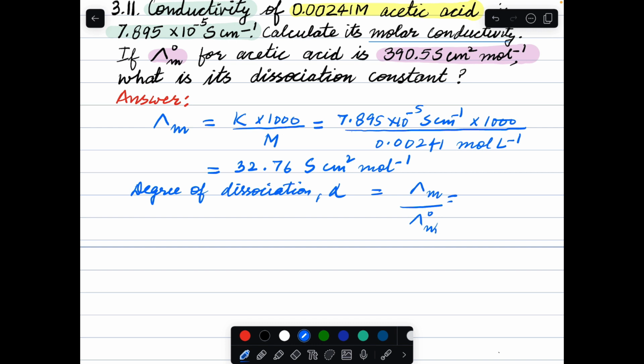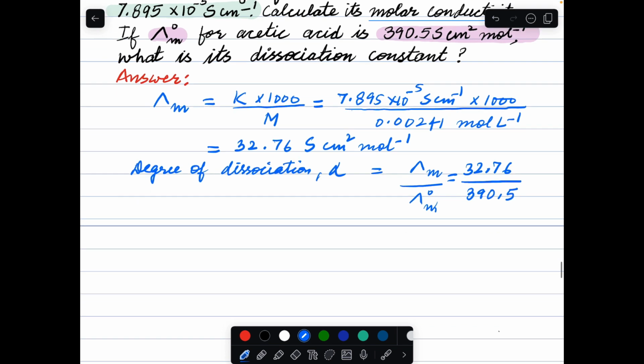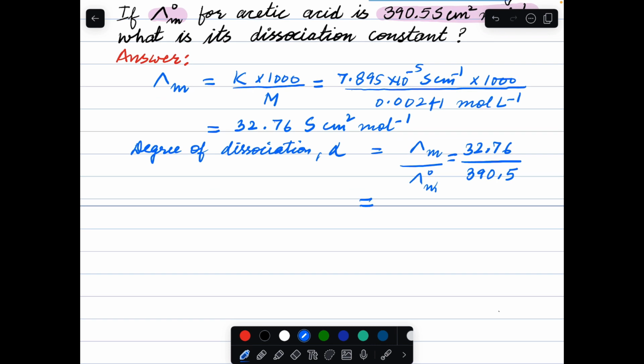Molar conductivity we have already calculated in the very first step, which is 32.76, and the molar conductivity at infinite dilution is given in your question. It is 390.5. Both have the same unit, therefore you will get your answer as 0.084. This is the degree of dissociation.